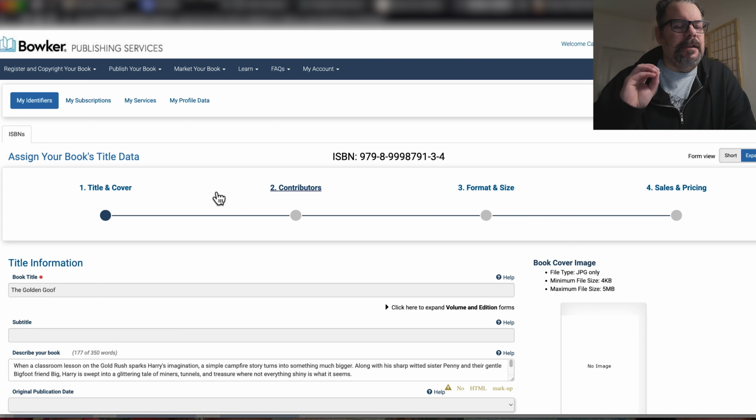So again, create a series, select the series, and use just the book title, because your book title isn't Big and Hairy or Magic Treehouse or Junie B. Jones. It's the title of the book. That's a very strict policy that they use.